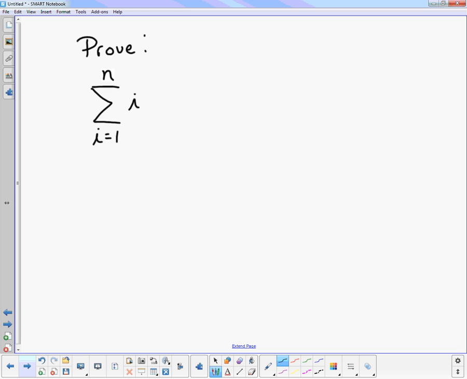Here we are saying 1 plus 2 plus 3 plus 4 plus 5 plus 6, and so on and so on. What kind of series is this? It's an arithmetic series, because I'm adding up an arithmetic sequence. And this is equal to the formula that we just showed a minute before, right? n over 2 times (1, which is my first term, plus n, which is my last term).